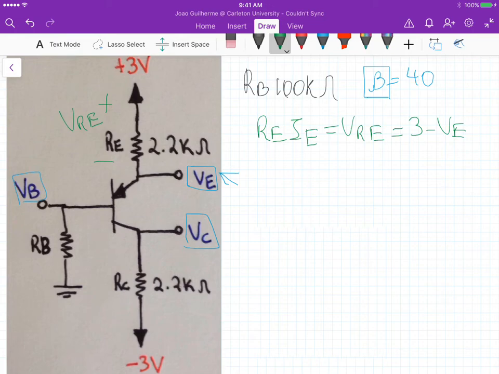So one thing is that if we are not changing the emitter resistance, we must keep this current IE the same in order for VE in this equation to stay the same. And this VE here should be the same value as VE from part A. So in our case, VE for part A was 1.12 volts. So we need to select the beta based on this condition, okay?